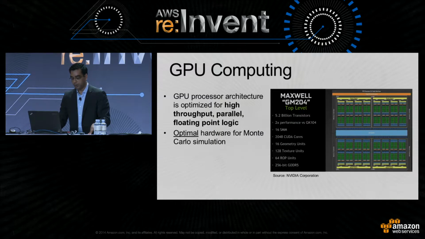This is a diagram of the latest processor from NVIDIA. This is 5.2 billion transistors. It's probably the most complex processor that exists today in terms of transistors. You can sort of see how it's organized with all these physical cores, hundreds, or I should say 2,048 of them.